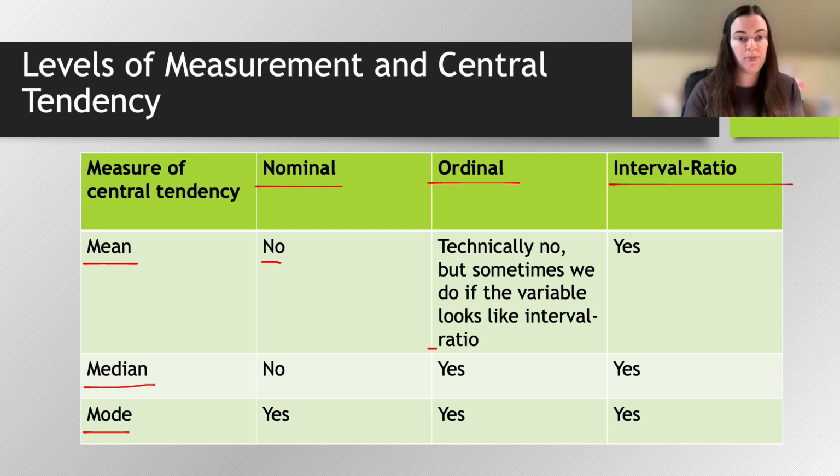With ordinal variables, oftentimes we do not calculate the mean either. However, there are certain instances in which we potentially could, if the ordinal ranges had numerical attachments to them. But those examples are very few and far between. So overall, we oftentimes do not calculate the mean for an ordinal level variable, but we would for interval ratio.